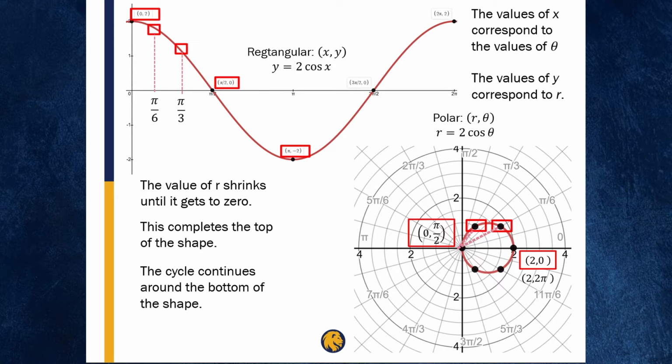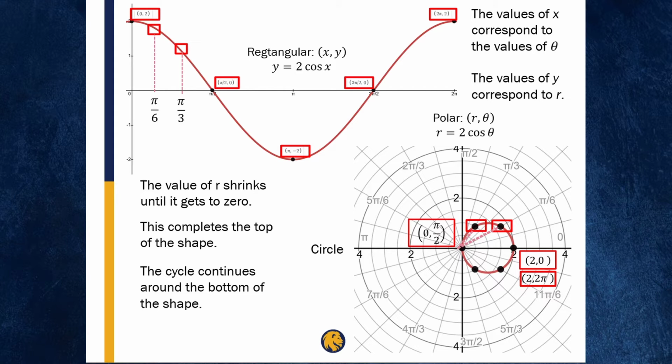So it'll go down to -2 at pi, to 3 pi over 2, and then it'll go back to 0 again, and then it goes all the way to 2 at the angle of 2 pi. So 2, 2 pi will actually complete the cycle all the way around the shape that we see in polar coordinates, and will complete the graph in polar coordinates.